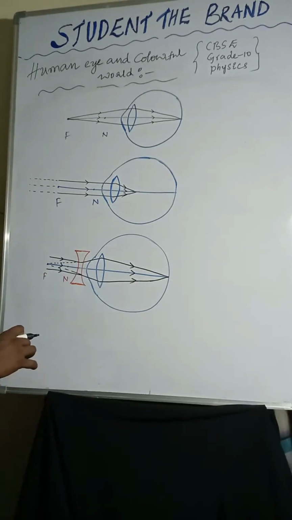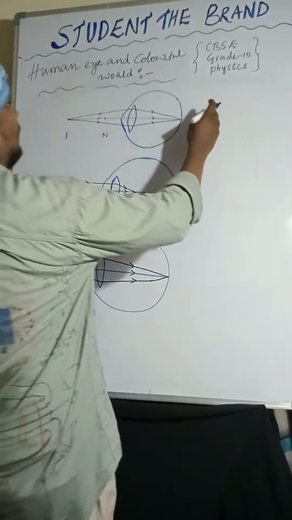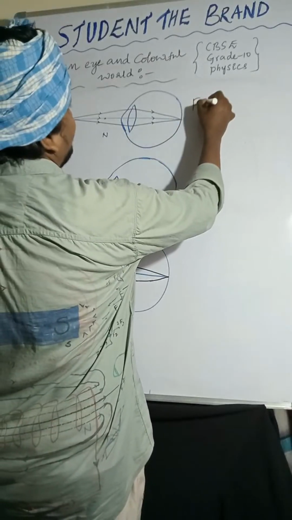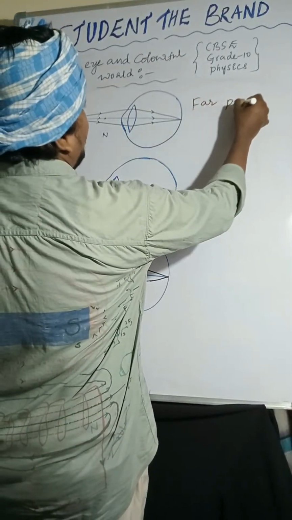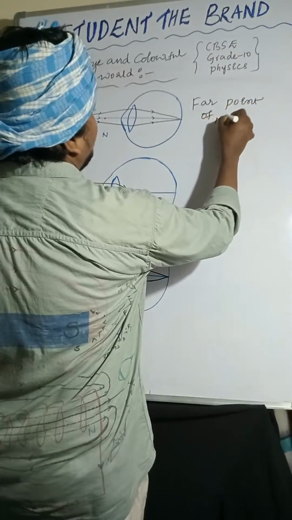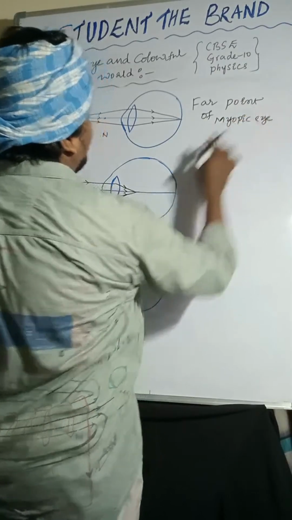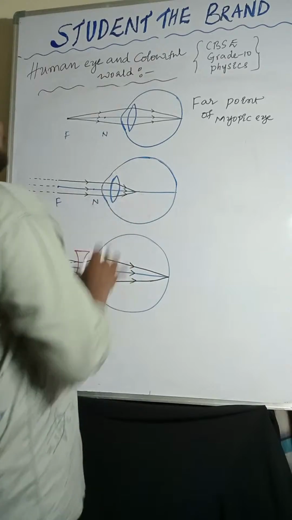Now this is the far point of the myopic eye.